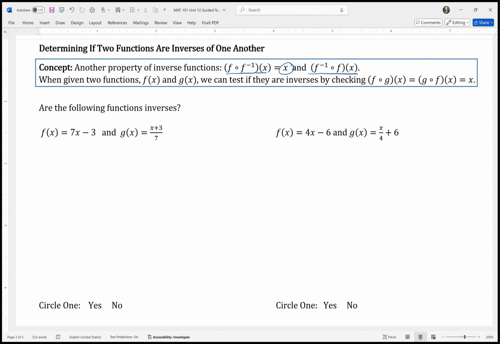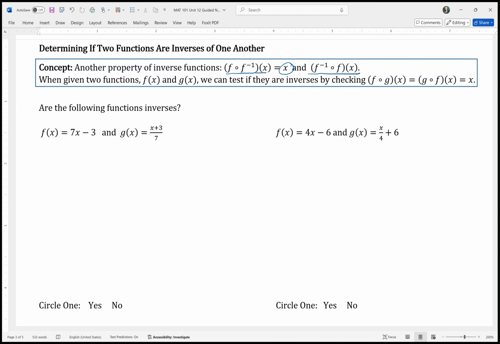And also, if you do the inverse composed with the original function of x and you get x, those are inverses. So you're just proving that if you do the function composition, you get out x. Now, it is very rare that, let's say you're given two functions f and g, and you do f of g of x and you get x, but then you do g of f of x and you don't get x.